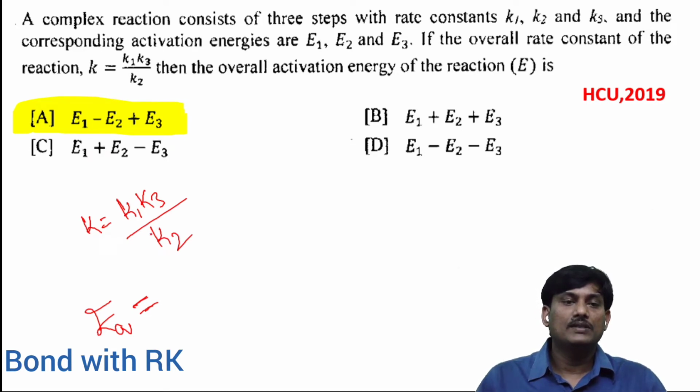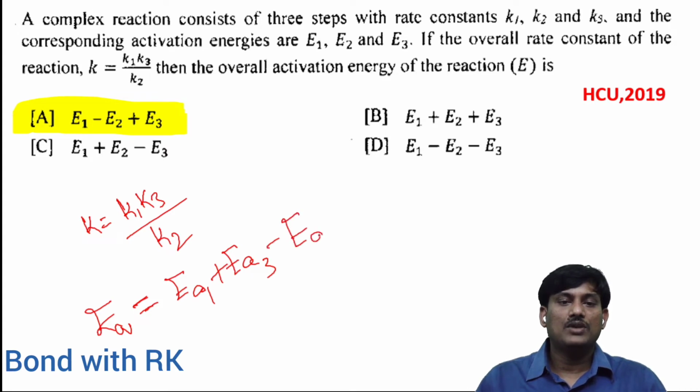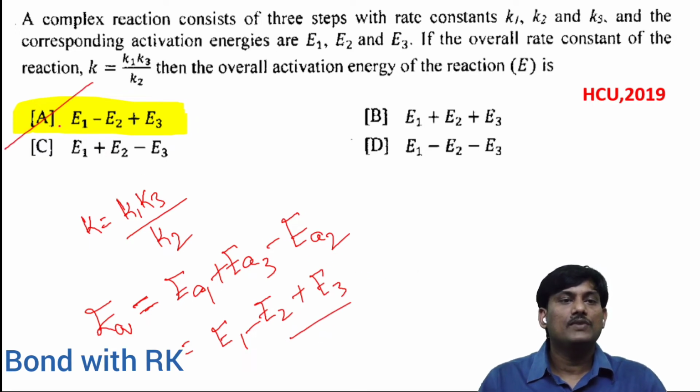When there is a division, there is a subtraction in activation energy. Suppose you take K1 and K3 divided by K2, so simply subtract E2. So the activation energy will be E1 plus E3 minus E2. This is the equation.